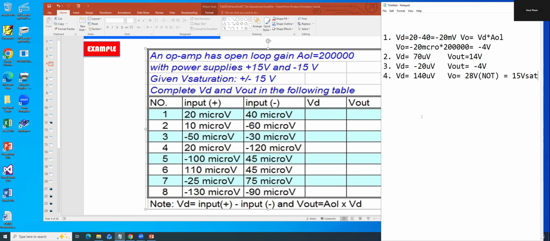You calculate VO as 28 volts. That's only telling you the op amp is already saturated. When saturated, the output can be either positive saturation or negative saturation. In this case, V saturation is plus or minus 15 volts. That tells you V out equals plus V saturation.